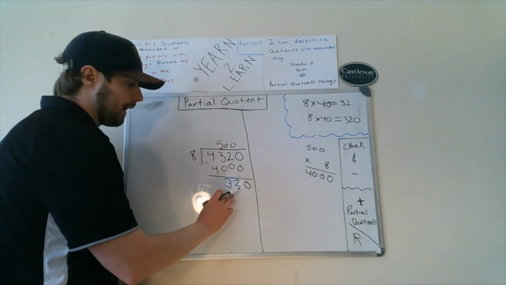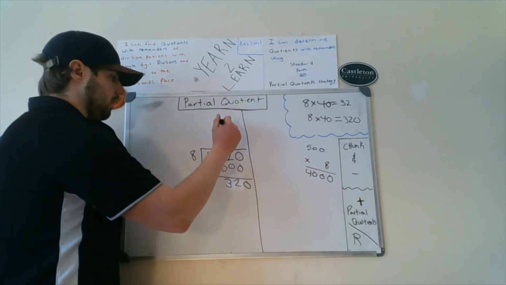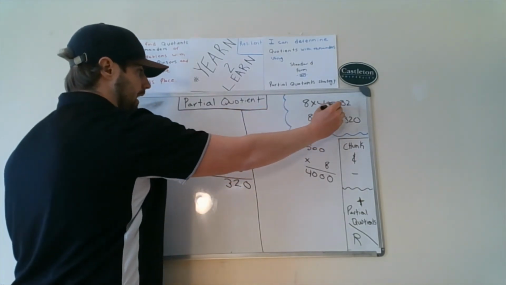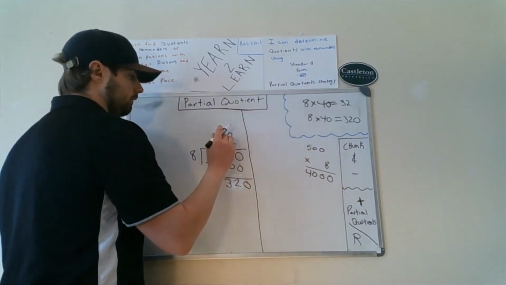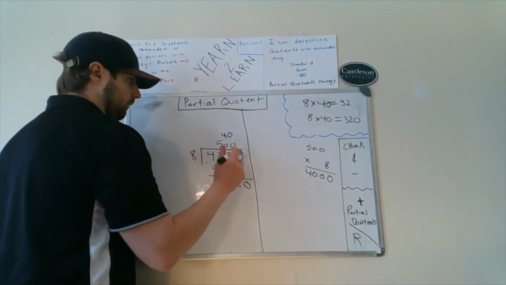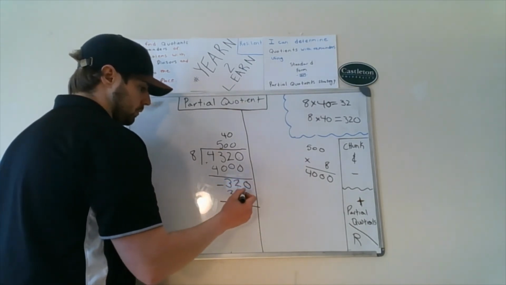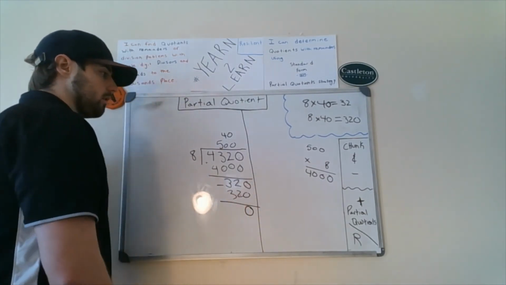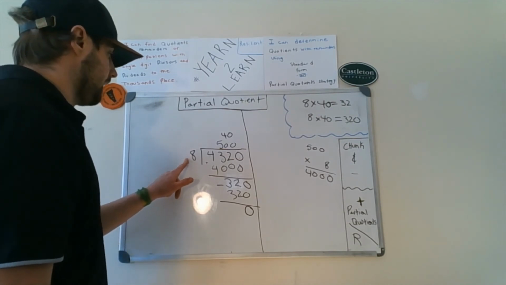We just chunked out all of this. So, I chunked out how much? 40, not 4. 40. 8 times 40 is 320. I subtract. 320 minus 320 is going to give me 0. Can I chunk 8 out of 0?